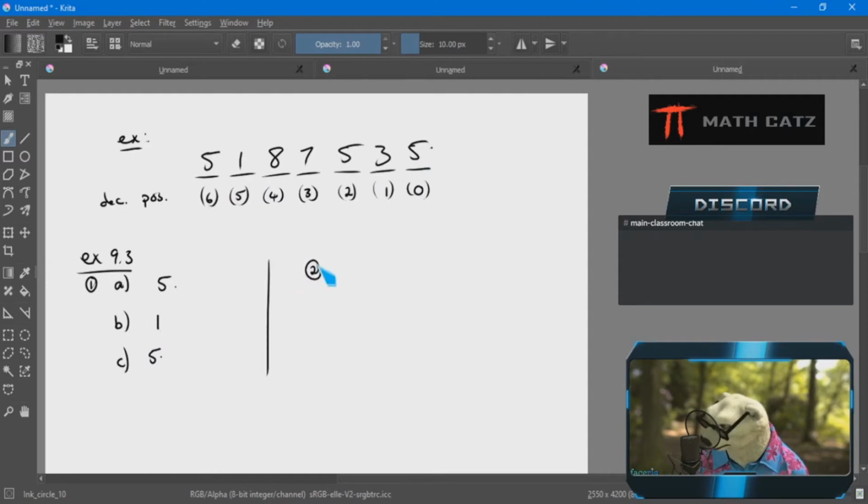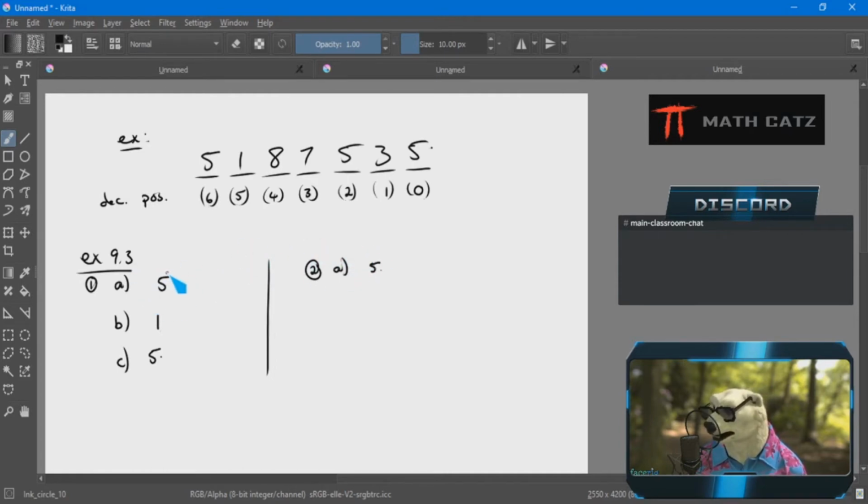And then over here, number 2. Now the other way around, what is the decimal position of the digit 1? Well, the digit 1 occurs in position 5. Its position is 5. So even though the answer looks the same for 1a and 2a, those 5s are completely different.